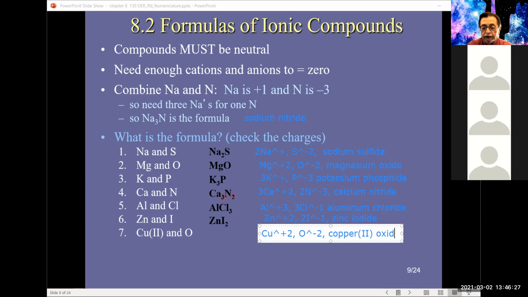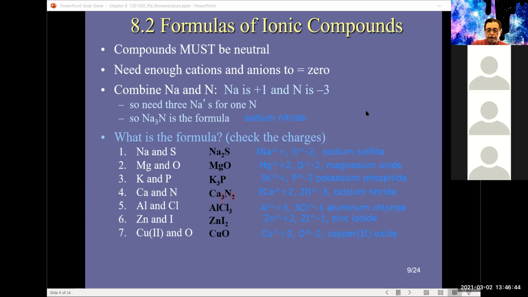Oxygen becomes oxide. There's a +2 and a -2, so I can simply do a 1-to-1 combination there to cancel each other out. So the formula is CuO, and the name is copper(II) oxide. Remember, the Roman numeral applies to the metal only, not to the non-metal part. That tells you the oxidation state of that metal.